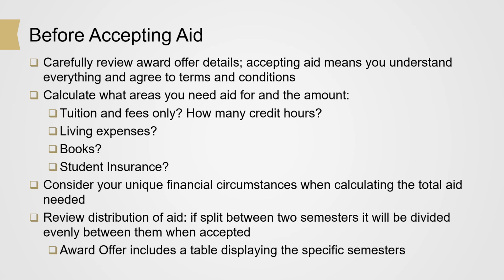Your award offer will include a table displaying the specific semesters and the amount that you are being offered for those semesters. While it is divided evenly by default, we can divide those amounts differently. Just reach out to our office and let us know that you need that.